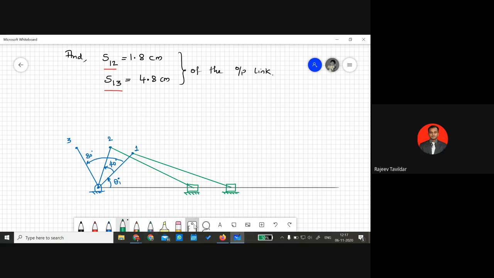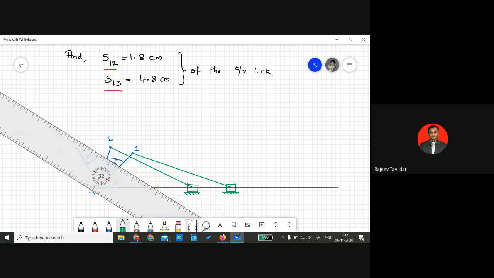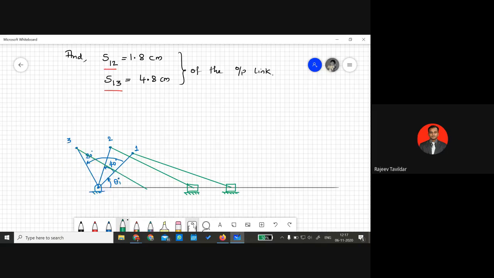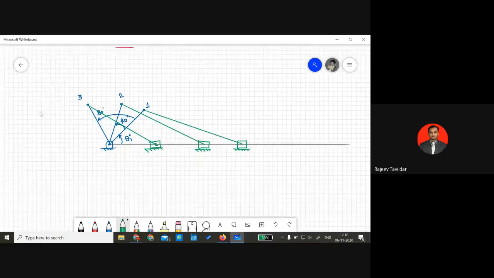And last one, I'll draw it for the third position, and its slider position will come over here. This is a rough sketch that I have got.